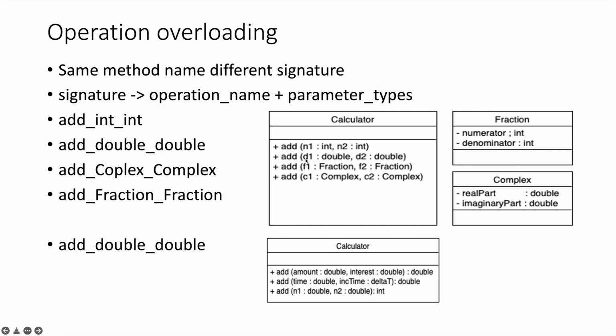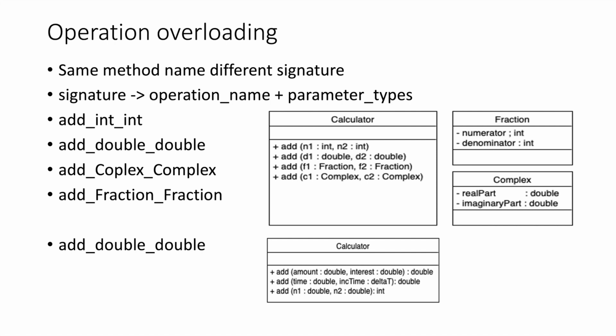So you observe the calculator has 4 methods with exactly the same name but 4 different signatures, right? And this is where we find operation overloading. Do not get confused between the operator overloading concept in C++ and operation overloading. We are talking about operation overloading and not operator overloading.